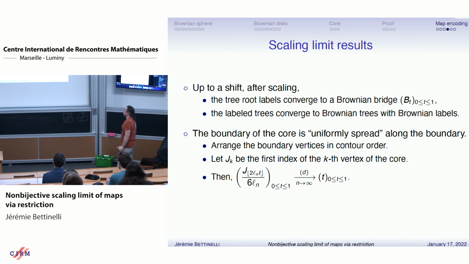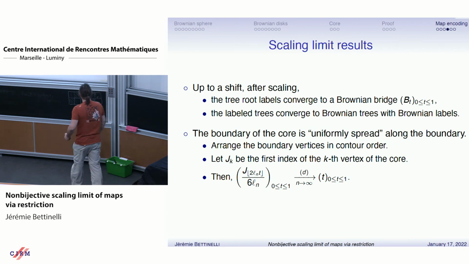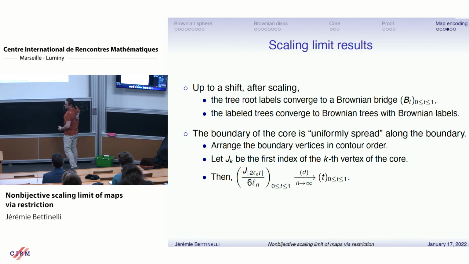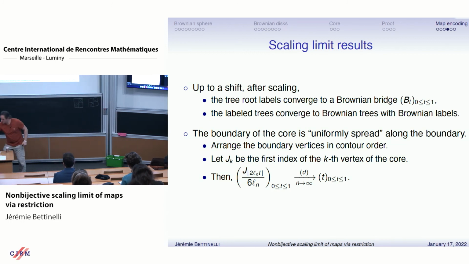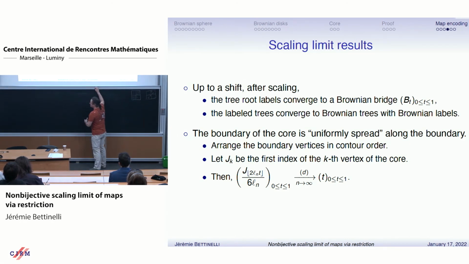And also a very important fact is that the boundary of the core is very well spread inside the map. So it means that, maybe I should draw a picture.